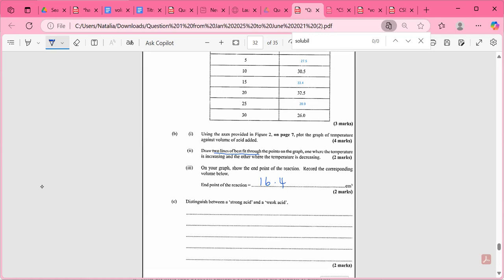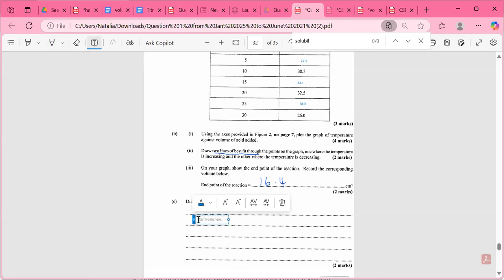Distinguish between strong acid and weak acid. We had already answered that question. What was the answer?